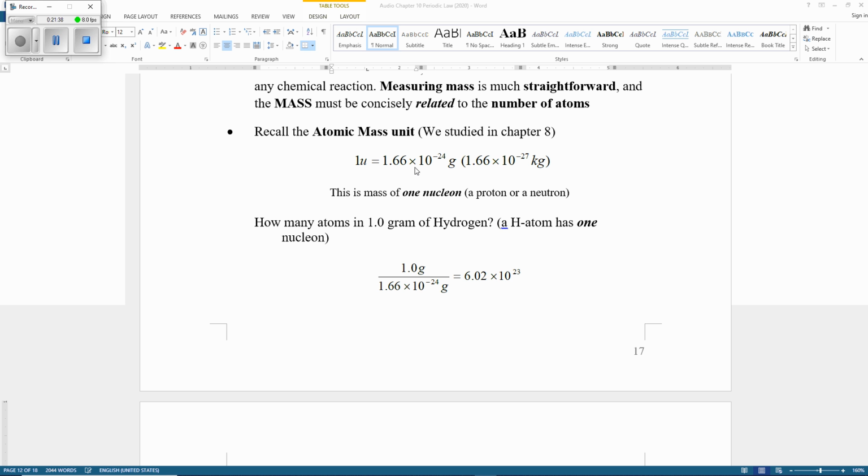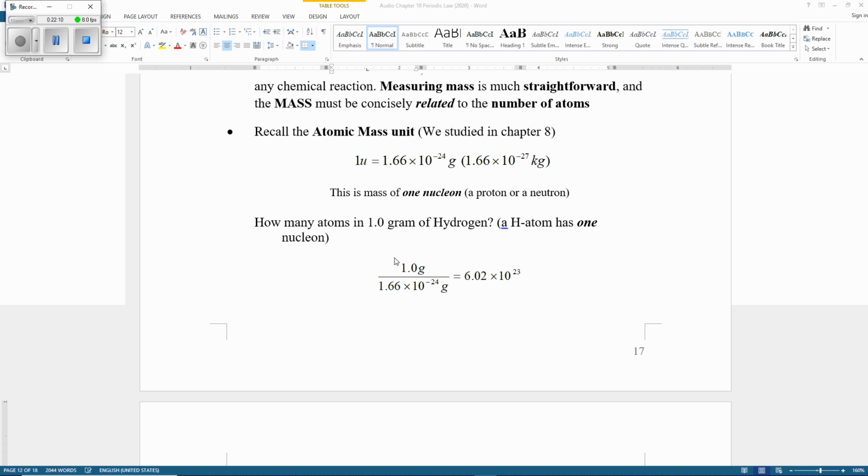First we study hydrogen. If you have 1 gram of hydrogen, do you know how many molecules or how many atoms are inside? Each hydrogen has only 1 proton, obviously 1 nucleon, with this much weight. And in total we have 1 gram.